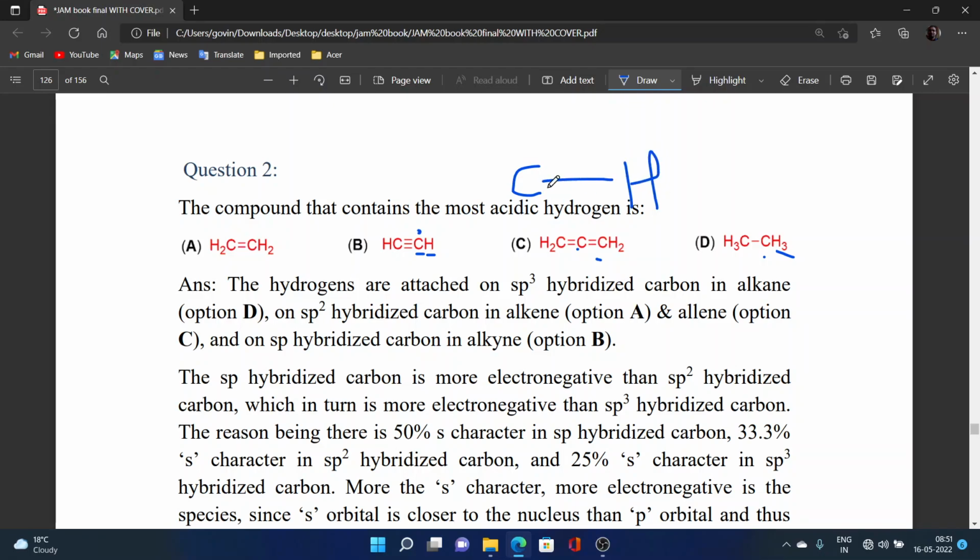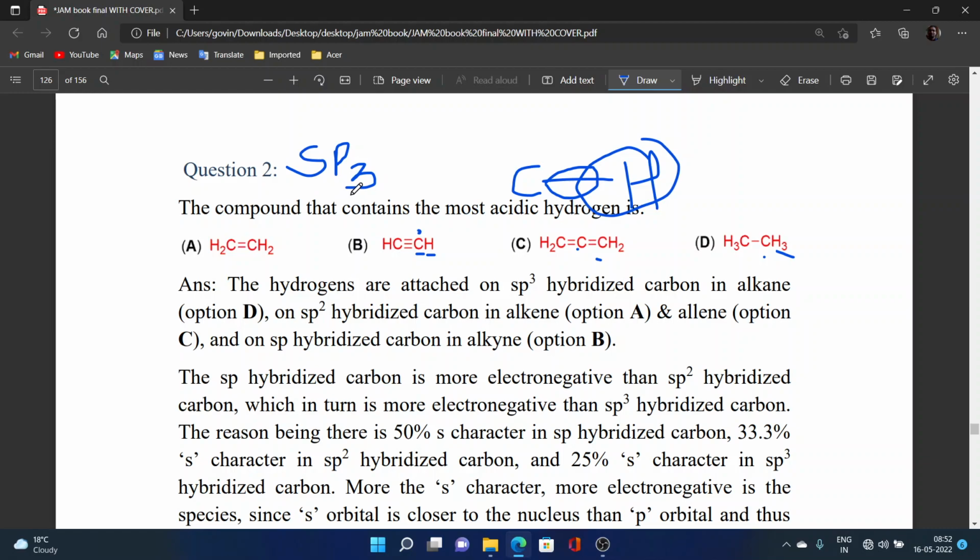So this bond, this orbital through which it is bonding with hydrogen, is sp hybridized. So if you see sp3, what is the s character? You have to look at how many total orbitals there are. Total there are 4, 1 s and 3 p.